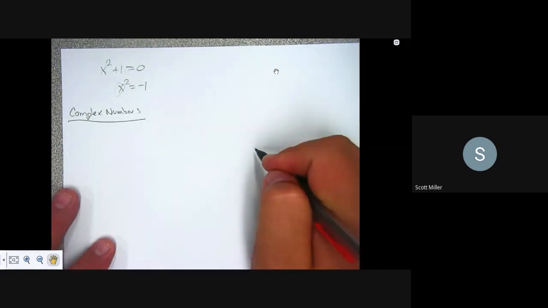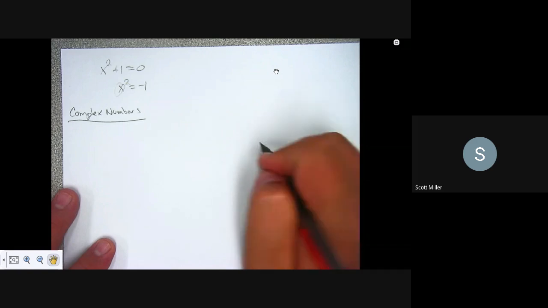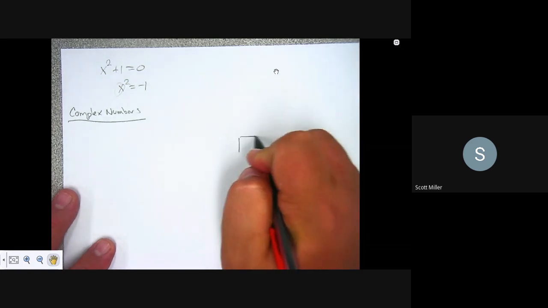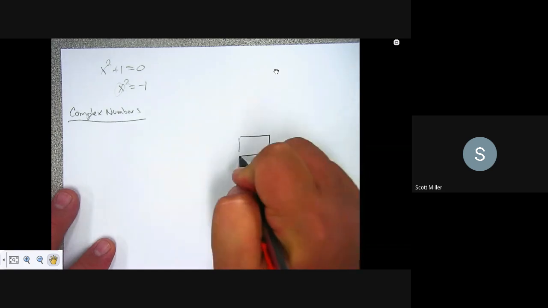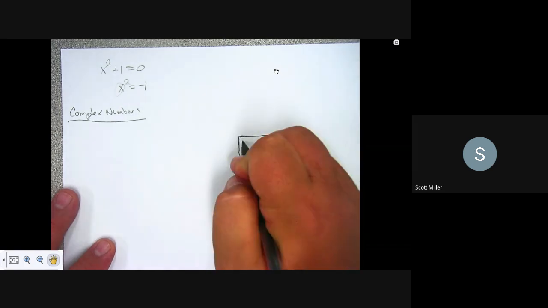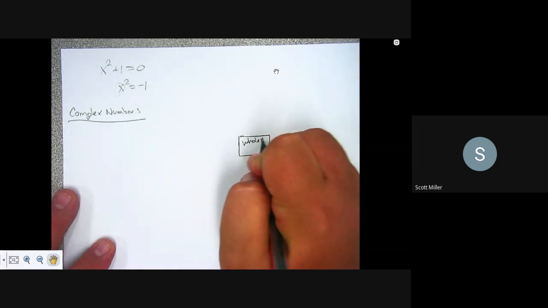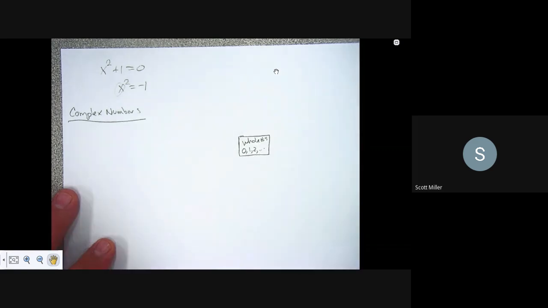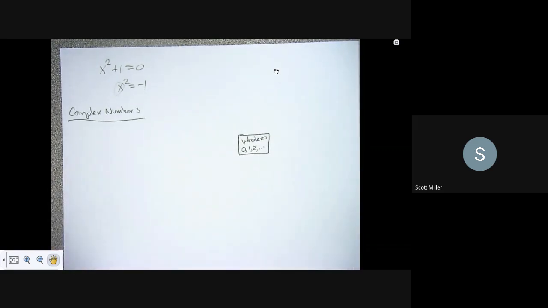I'm going to skip the counting numbers and go right to the whole numbers. Whole numbers are literally the place you started in grade school. The whole numbers are 0, 1, 2, and so on. So basically you're counting numbers plus 0. These are the whole numbers. You started there.